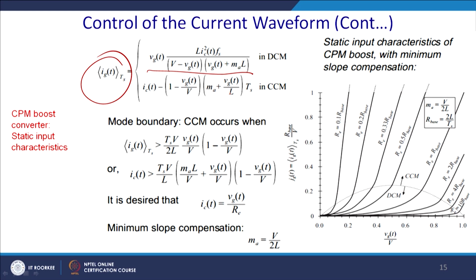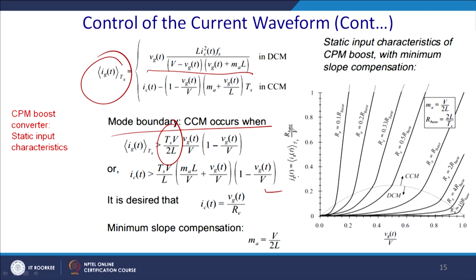The CCM boost converter will have this boundary condition. IGTS should be more than, to be in continuous conduction mode, TSV by 12. This is something like the system parameter, you have chosen the switching frequency, the supply voltage Vs, Vg by V and 1 minus Vg by V, or we can approximate like this.